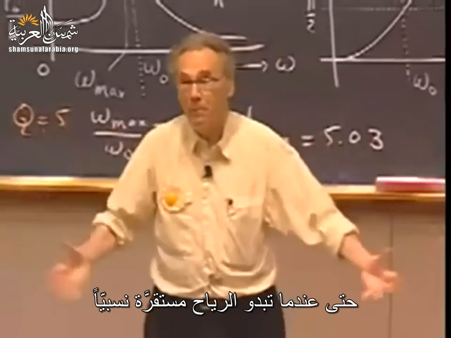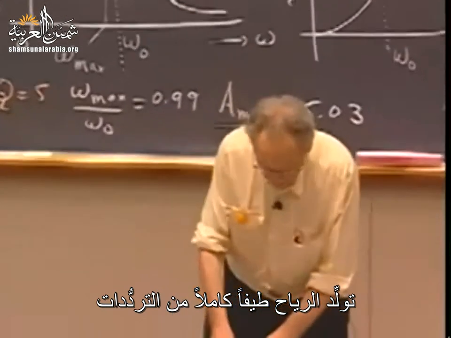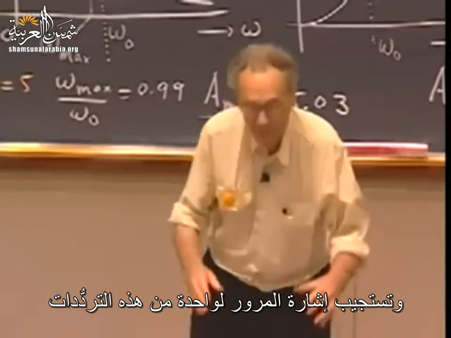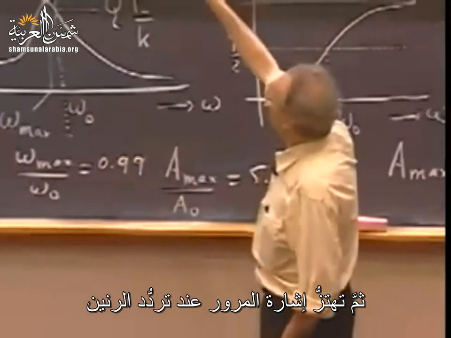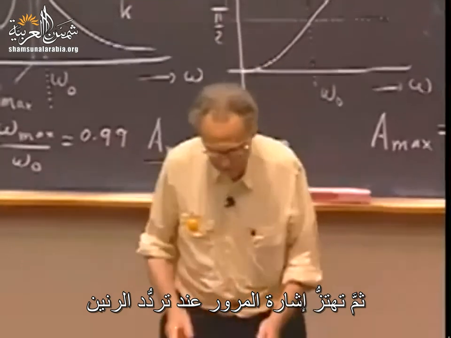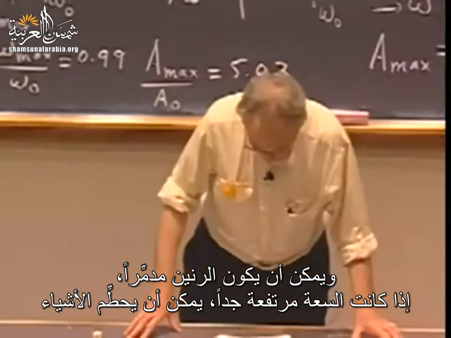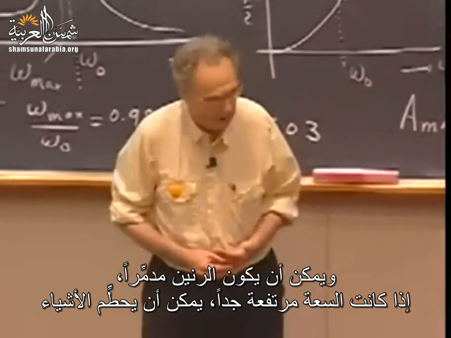Even though the wind appears to be relatively steady, the wind generates, in a way, a whole spectrum of frequencies, and this traffic sign picks out the one that it likes the most, and then it goes nuts at a frequency that is a resonance frequency. And resonances can become destructive, of course. If these amplitudes are too high, then things can break down.